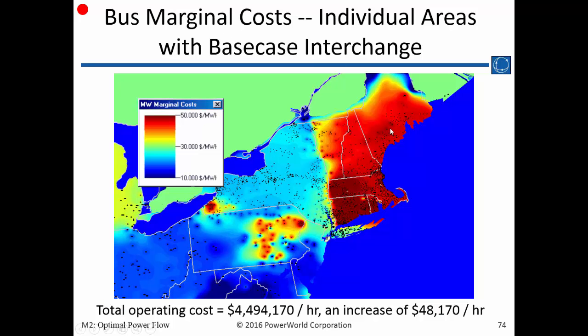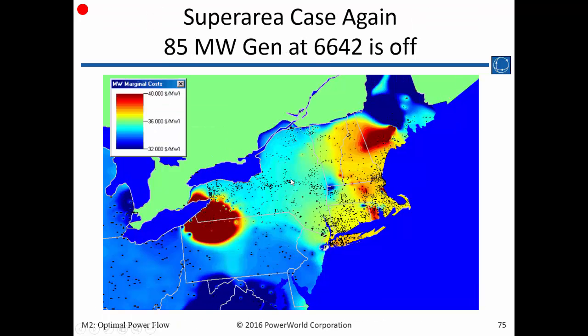If we look at individual areas, like if we split New England and New York, you get a seam along there that's caused by enforcing constraints, just like we saw in the 7-bus case. If the area with more expensive generation is not allowed to import more, you can get high prices in one region and different prices in another. A generator, this bus 6642, is somewhere in this pocket.